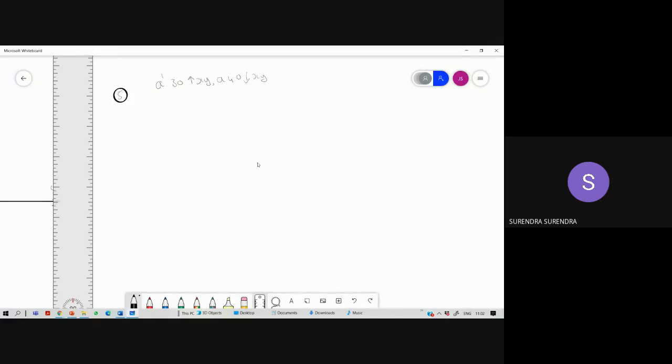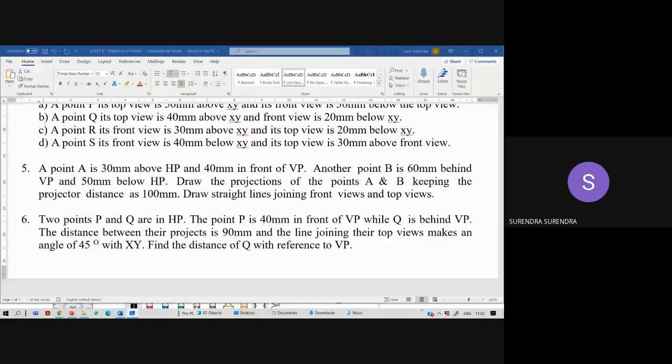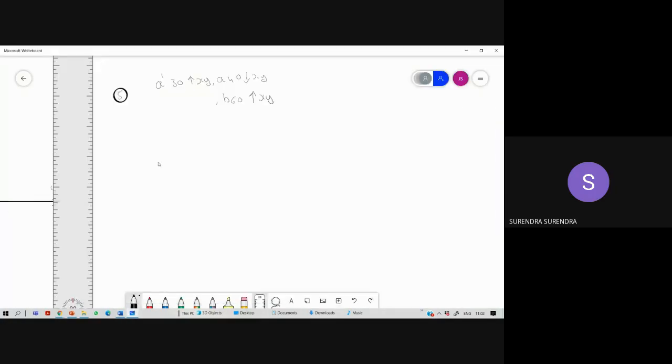So B is 60 mm above XY line, and B dash is 50 mm below HP. HP relates to front view. So B dash is 50 mm below XY.